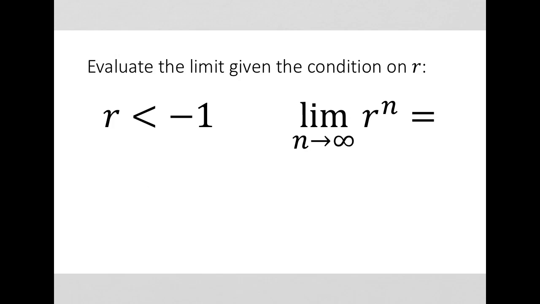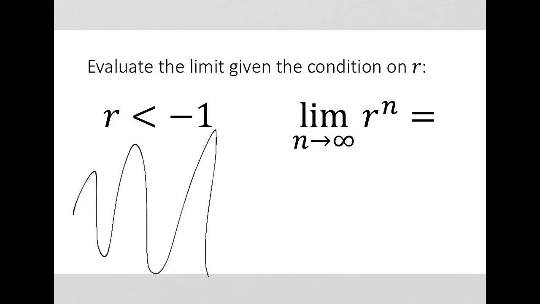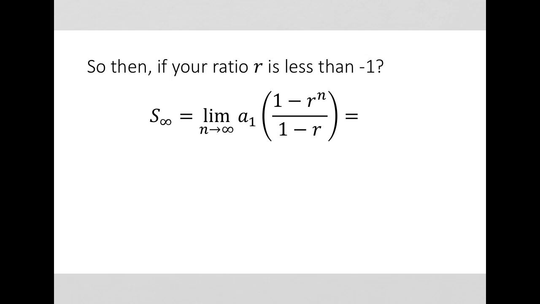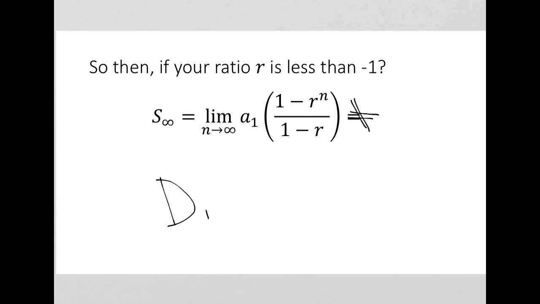which means if we then go to this limit right here, it's the same thing. If we have a negative number less than negative 1, this limit is going to continue to bounce between these numbers, and so this limit will not exist, which means that this sum will not exist. So the infinite sum here, we really can't say equals anything because we'll have to say that this sum diverges.